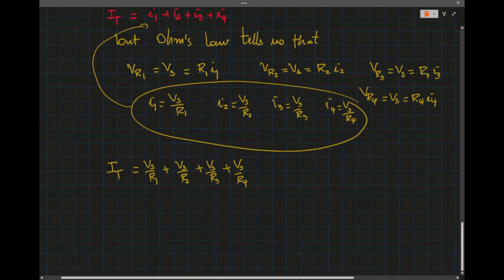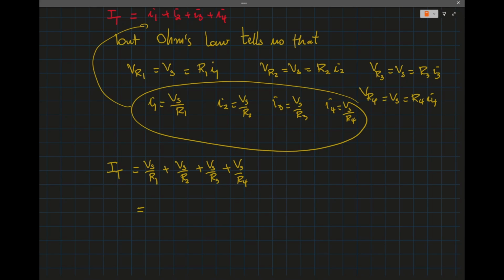So Vs is common, so I am going to pull that outside. So Vs times 1 over R1 plus 1 over R2 plus 1 over R3 plus 1 over R4, which is the total current supply.